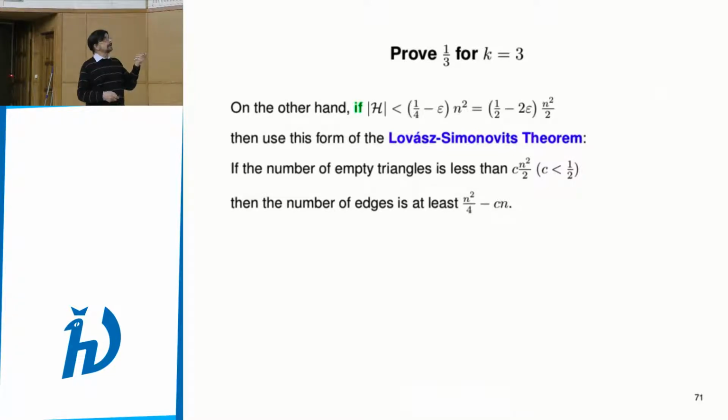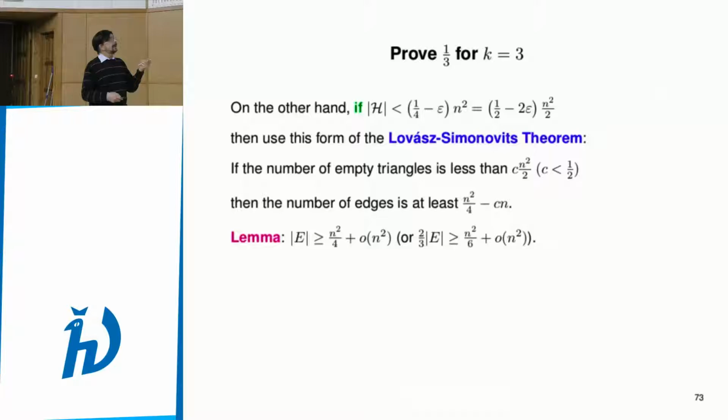Then the number of edges is this one. And so we arrive at this lemma that E, the number of edges, should be more than n²/4.